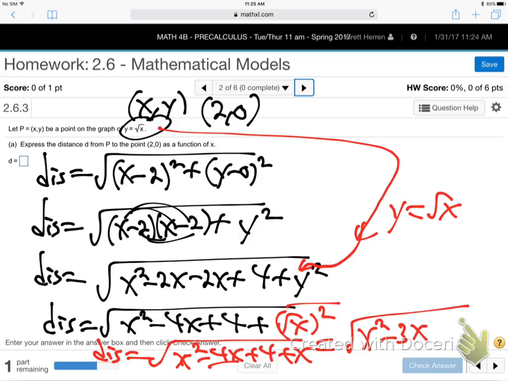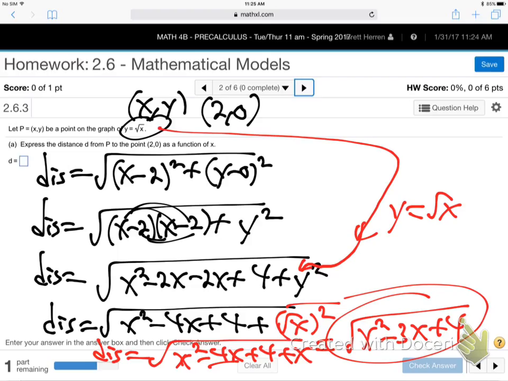Minus 3x plus 4. There we go. We good to there? So square root of x squared minus 3x plus 4. Getting that okay? Things I can answer up to that point?